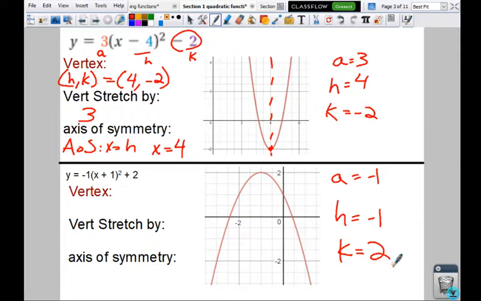So I have everything I need to find my vertex, to say if it's a vertical stretch, and to say what my axis of symmetry is. So my vertex is at h, k. So Raven, tell me what my vertex is with my actual numbers now.